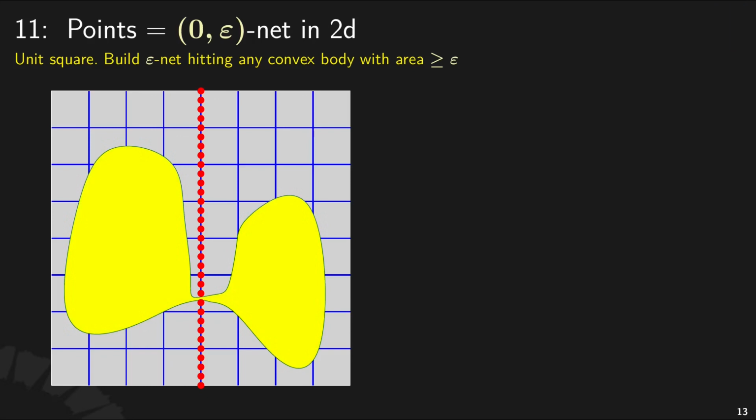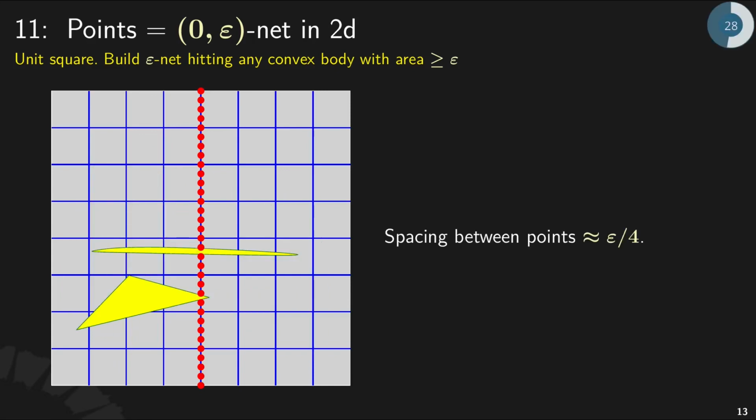A body that contains a lot of area cannot have a lot of area on both sides and get in between the points, as in the drawing, because we are dealing with convex shapes. If the spacing between those points is epsilon, either the convex shape has to be extremely narrow to have a lot of volume on both sides, but then it has small area, or it has to commit to one of the sides, but then all it can do is peek into the other side.